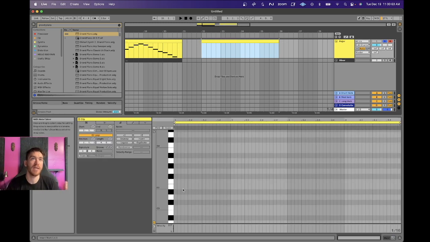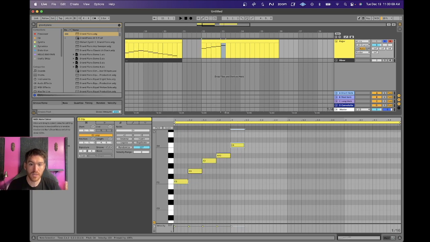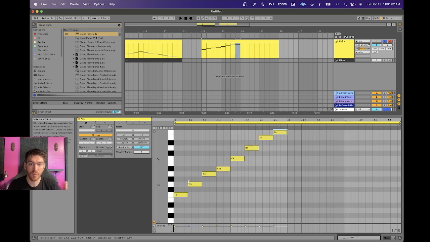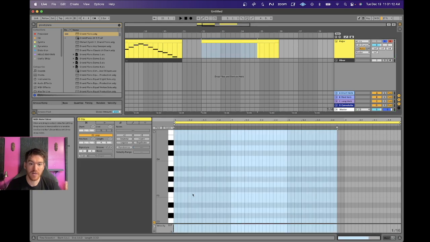So if I choose any other random note, let's just choose an F here. And if I just simply go 2, 2, 1, 2, 2, 2, 1, what I've done there is I've created the F major scale, which sounds like this. Right? And I could transfer that anywhere else.